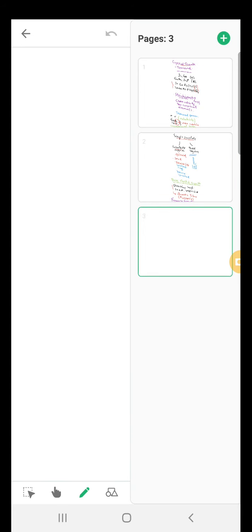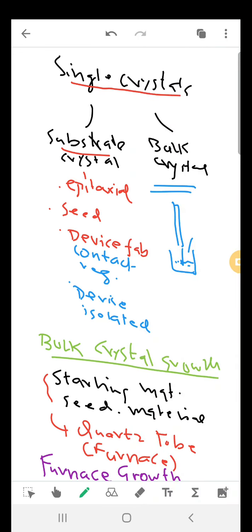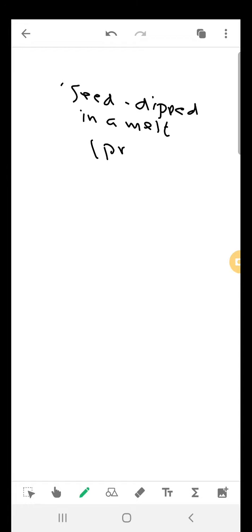In the second technique of bulk crystal formation, as I showed you in my previous slide, the seed crystal is dipped in a melt in a pressurized vessel, and gradually pulled out while being rotated at the same time.